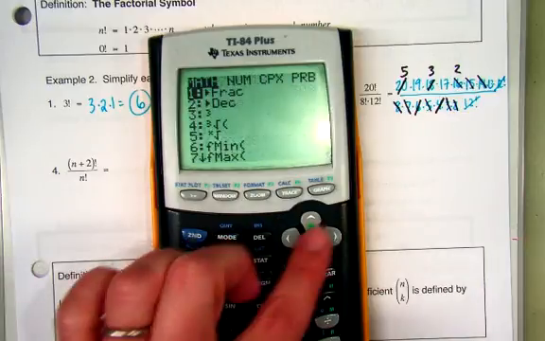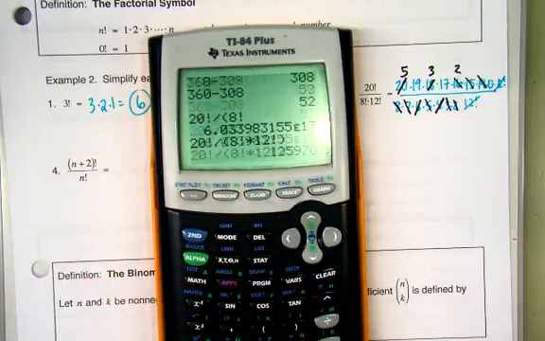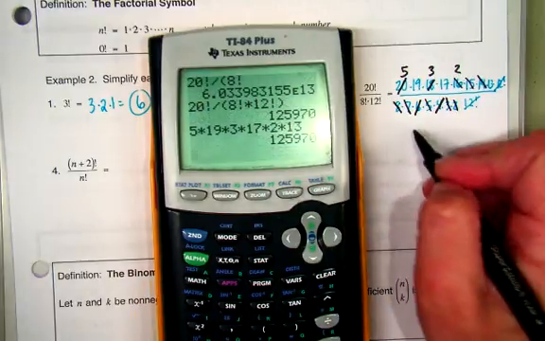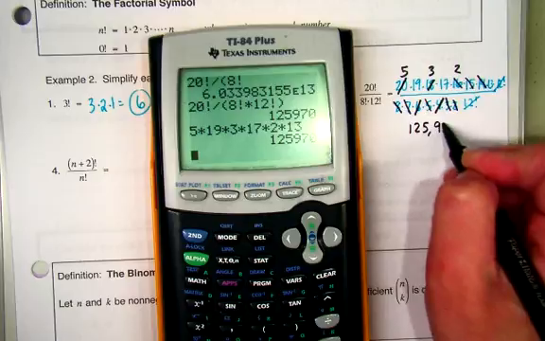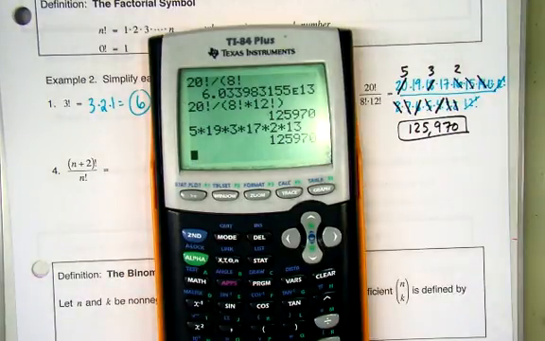You guys got an answer yet? 125,970. And hopefully that's the same as how we were simplifying here. 5 times 19 times 3 times 17 times 2 times 13. Oh, yes, it's the same. Okay, so again, you could do this on your calculator, or you could try and do it by hand. You should just understand the concept of a factorial.